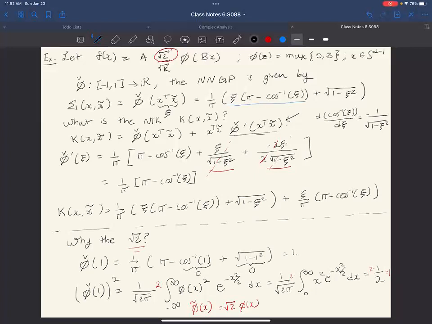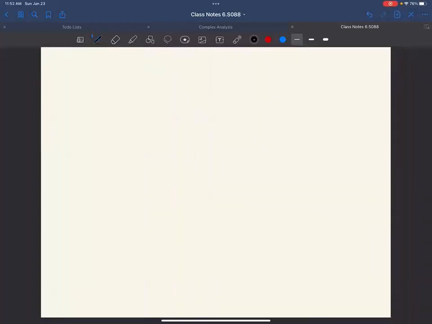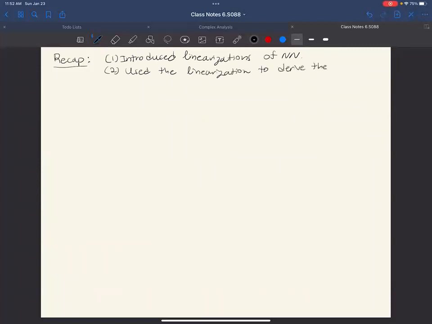Okay, so now what have we done? We've done a lot of stuff in this lecture so far, but the important thing is we've derived, let me recap here. So this is just a brief recap. So 1, we introduced linearizations of neural networks. 2, we used the linearization to derive the NTK.